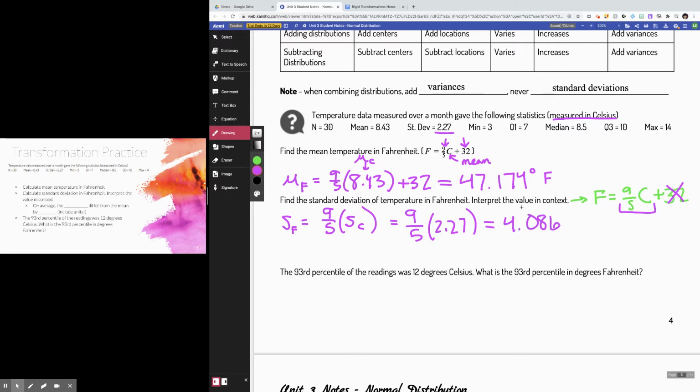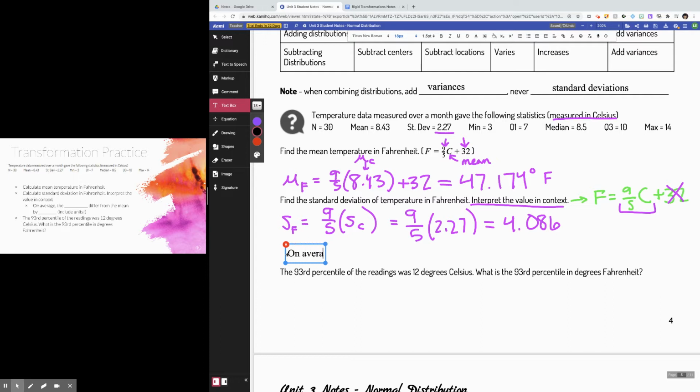4.086, okay? And then the last part of this says interpret this value in context. So if you remember, the way that you interpret standard deviation in context is it's the average difference or the average distance away from the mean.